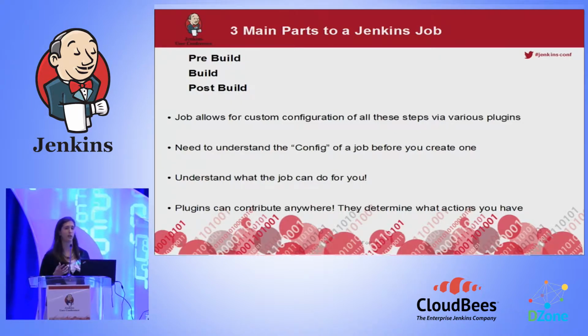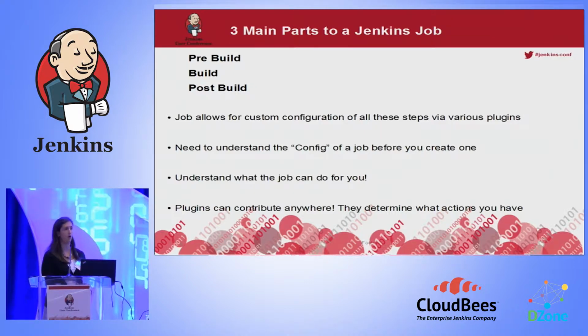The config of a Jenkins job is essentially where you go to say, this is what I want this to do. And there's 3 main steps to each job, and it's really key to understand each section and all the different features and aspects that you can add to those to really customize how you want to create your job.